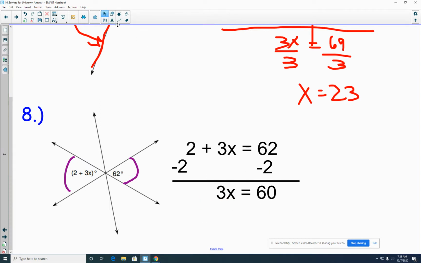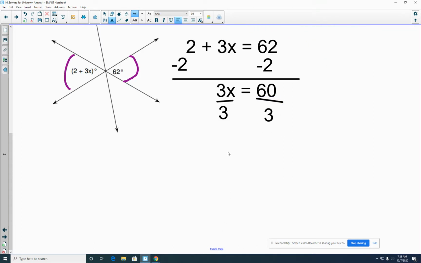I divide by 3, and then x is going to be 20. And there we have number 8.